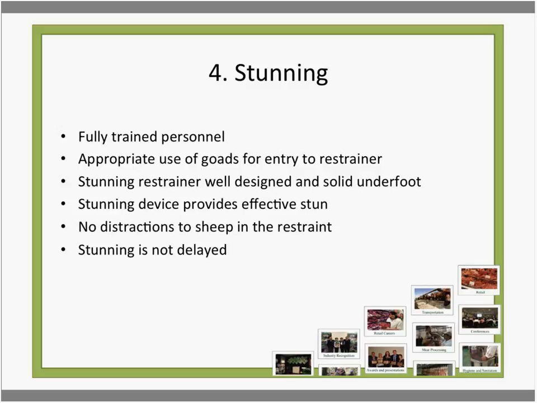Then recommendations around training, ensuring the person is trained properly, ensuring that the restraints are well designed, and you provide an effective stun that isn't delayed, which would allow the animal to get stressed.